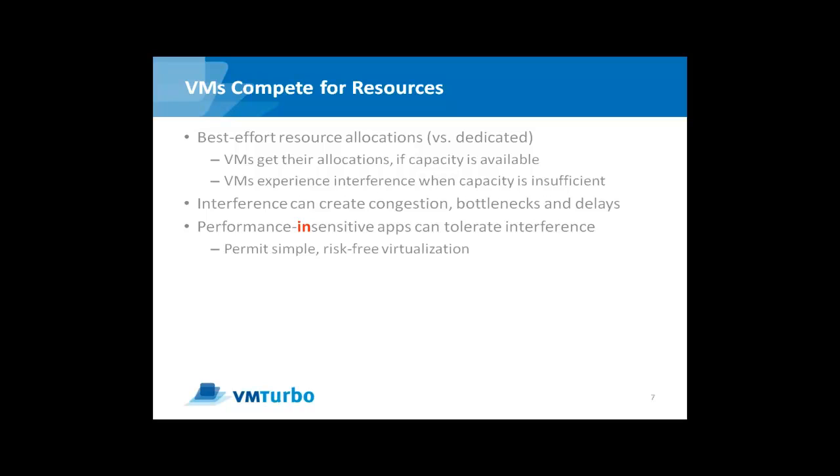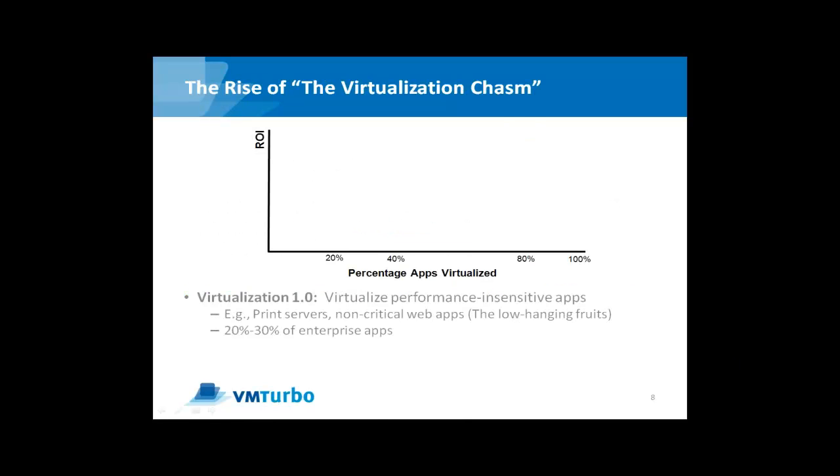And this allows simple, low-risk virtualization. But for mission-critical apps, which are highly vulnerable to interference, this is a showstopper. And this is indeed what gives rise to this virtualization chasm.